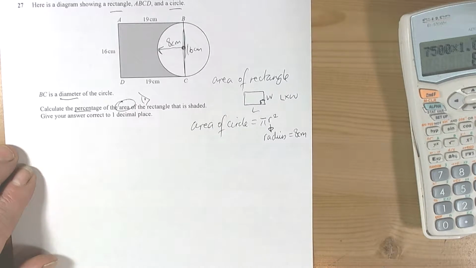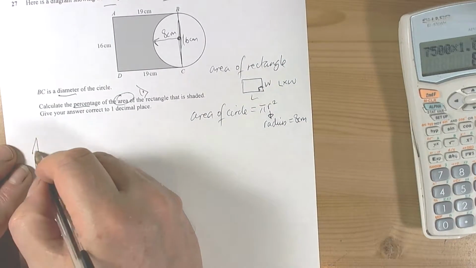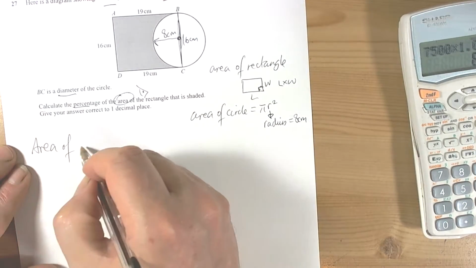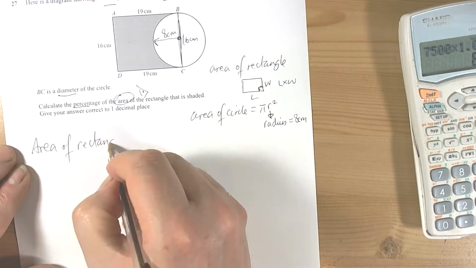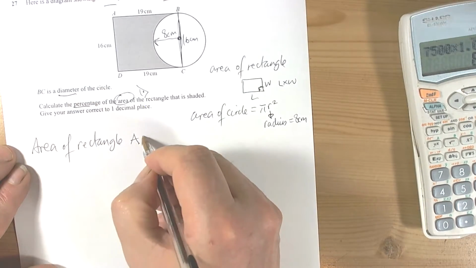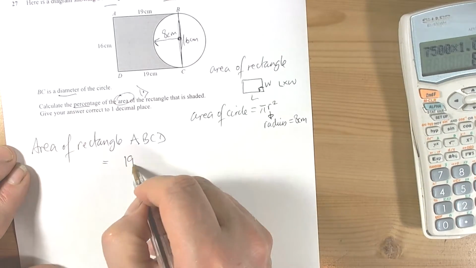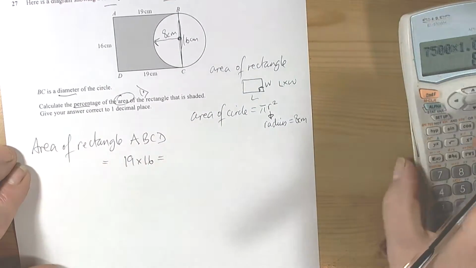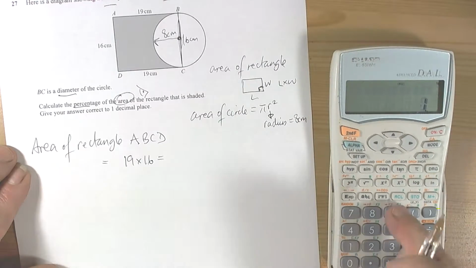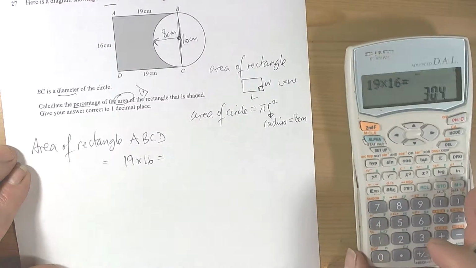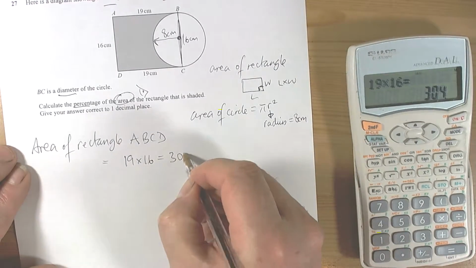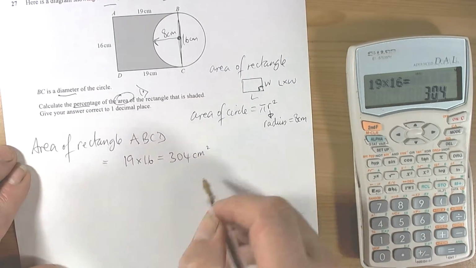Okay, so what we've got then is we've got a rectangle, right, so area of rectangle ABCD equals 19 times 16. So 304 square centimetres.